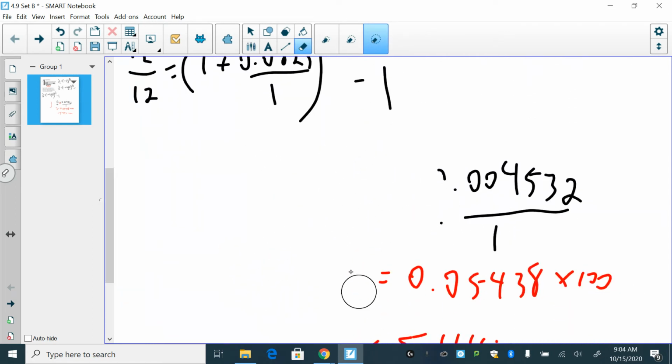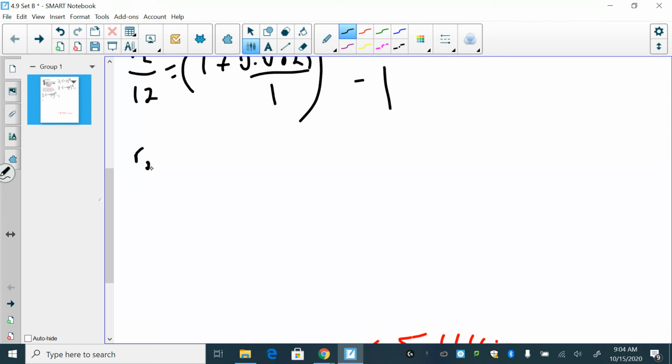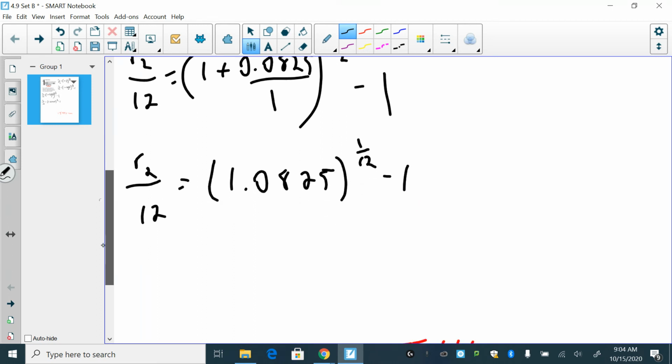Okay, so I'm just going to leave the left side alone. So I've got R2 over 12 equals, and then I'm going to work out the inside of the bracket. 0.0825 divided by 1 is the same, so plus 1. So I've got 1.0825 to the exponent of 1 over 12 minus 1. I'm going to do what I said earlier.